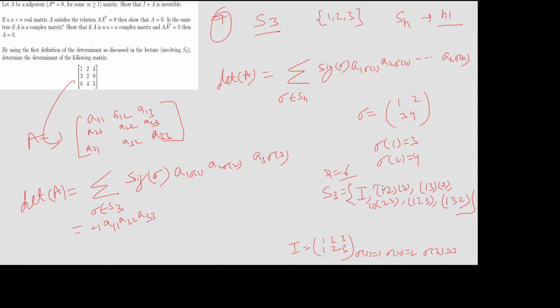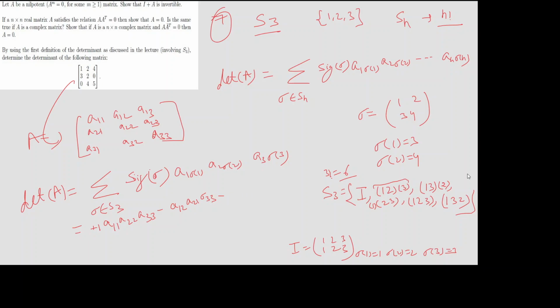Plus for this, sigma 3 is mapped to 3, sigma 1 is mapped to 2, sigma 2 is mapped to 1, and this is an odd permutation, so minus A1 sigma 1 is 2, A2 sigma 2 is 1, A3 sigma 3 is 3.